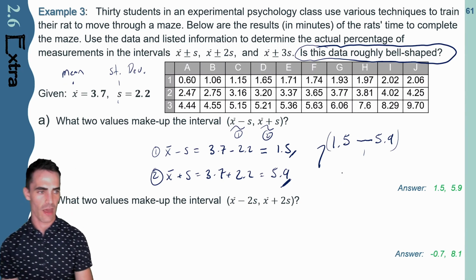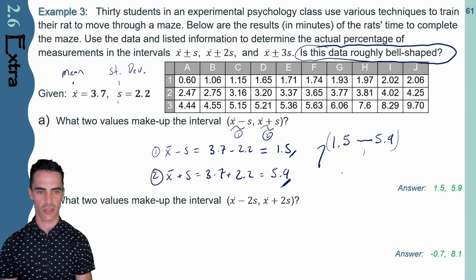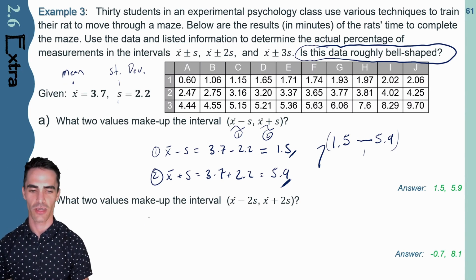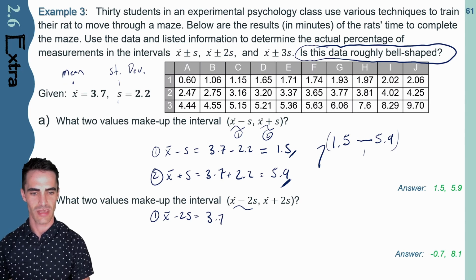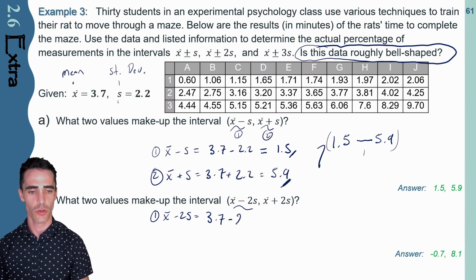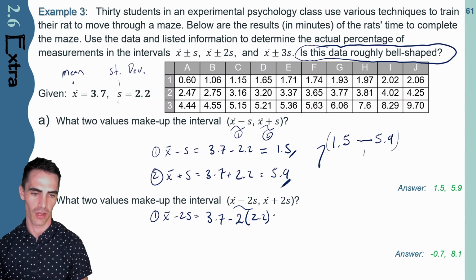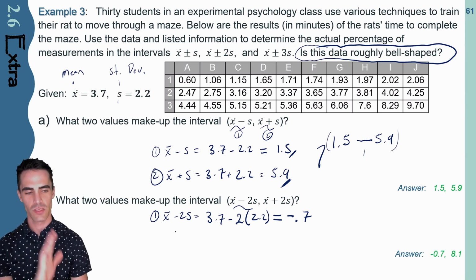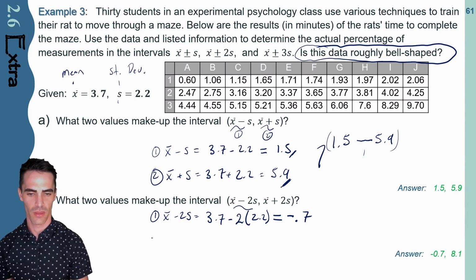All right, what if we expand that out to now 2 standard deviations? We can compute this. In fact, the calculation looks quite similar. I should write this as X bar minus 2 standard deviations. Here's my first calculation. That's going to be 3.7 minus 2 times my standard deviation, which was 2.2. I cheated, did it beforehand. You should end up with negative 0.7 for my smaller, my left endpoint. For the second one, the larger, it should be X bar plus 2 standard deviations.